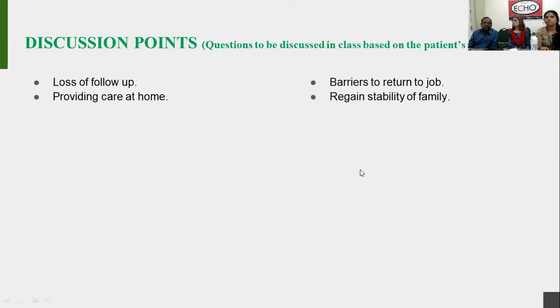So for this patient, from the palliative care point of view, this patient needs a lot of psychosocial interventions, and the help of local volunteers is what is needed, especially because the wife has left him.